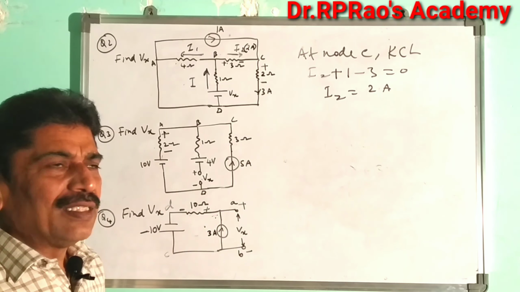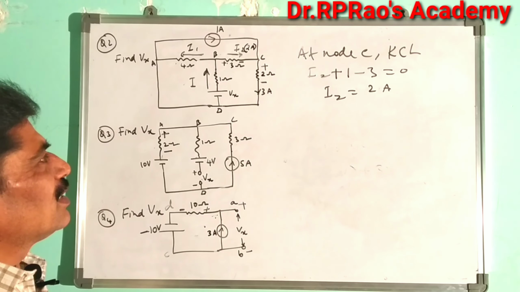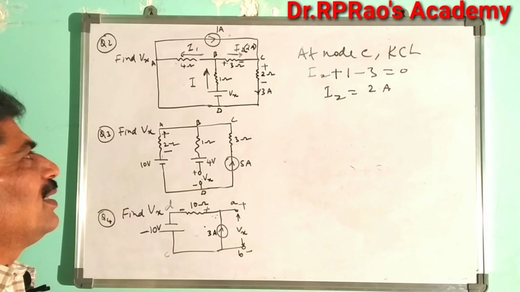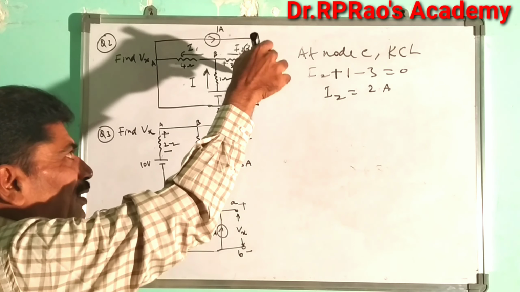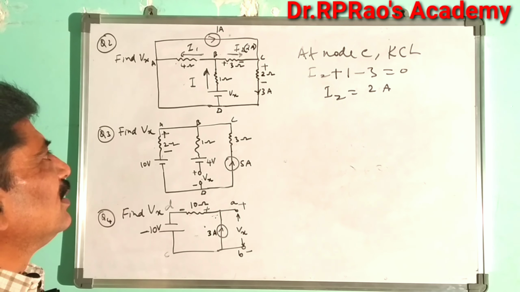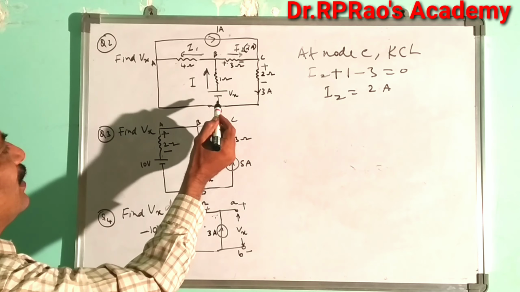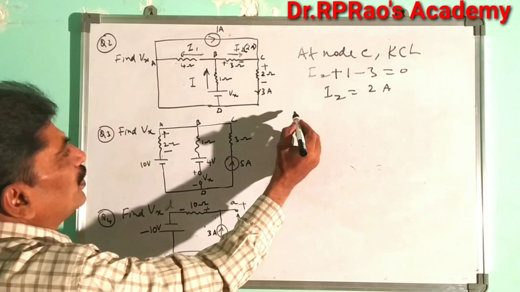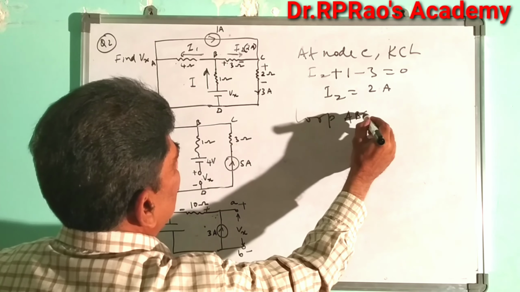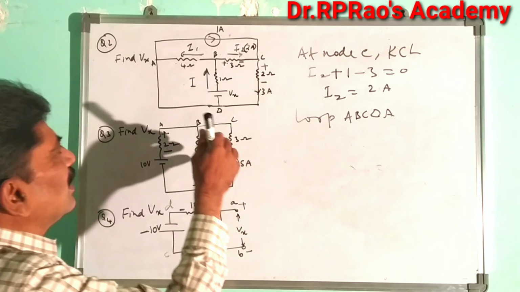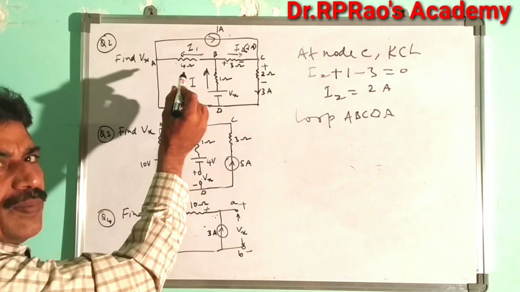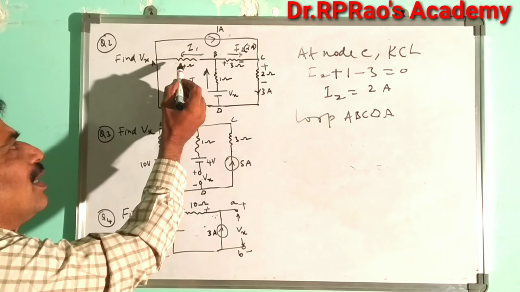Because the resistance with 2 ohms is a passive element and the current is entering, it should enter the positive polarity since it is an energy absorbing element. Now let us apply Kirchhoff's voltage law to the loop A, B, C, D, A. Why? Because by applying KVL we can find out the voltage drop across. Once the voltage drop is known, by applying Ohm's law we can find out this I1.